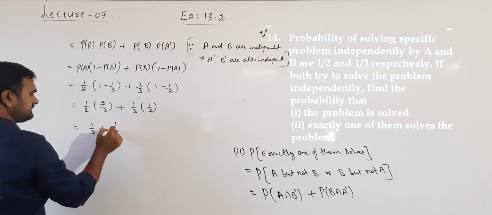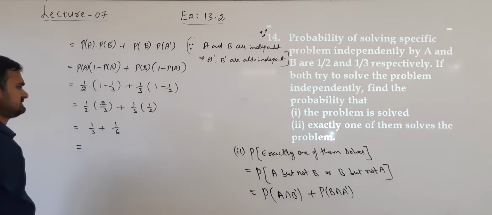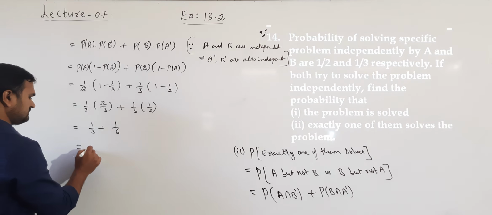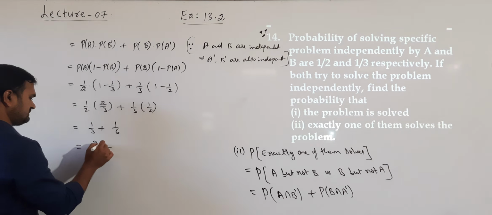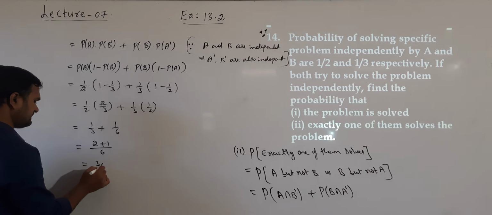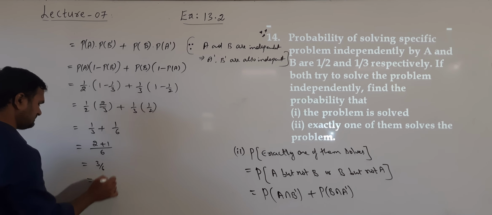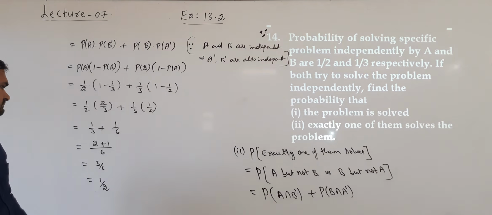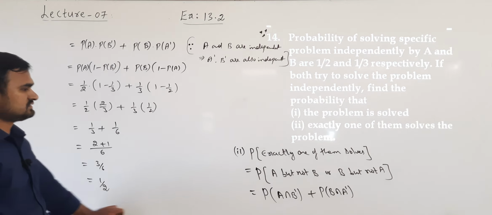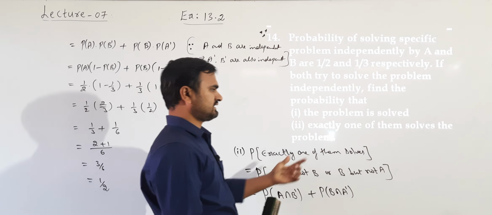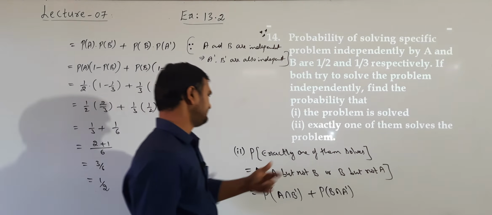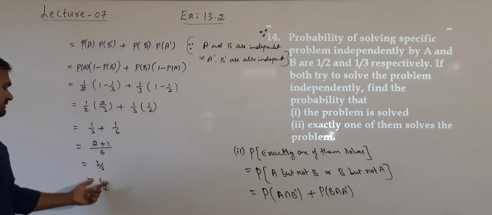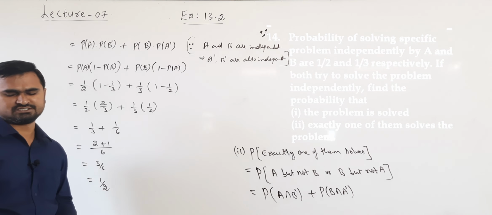So 1 by 3 plus 1 by 6. So LCM 6, 2 plus 1, so 3 by 6 means 1 by 2, right? So the probability that exactly one of them solves the problem is 1 by 2. Understand?